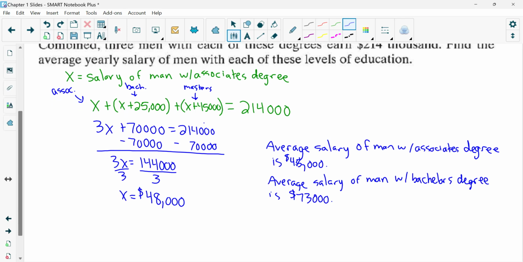And to get the master's degree, we would take the 48,000 plus the 45,000. So 45 plus 48 is 93,000.